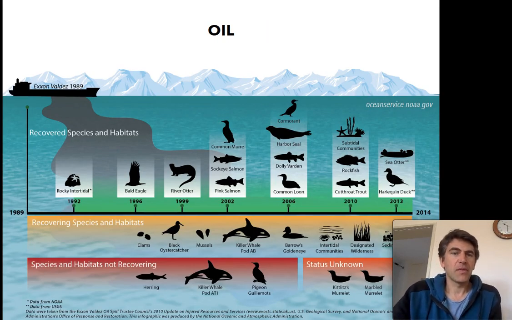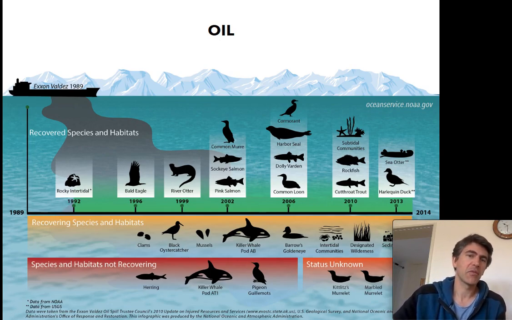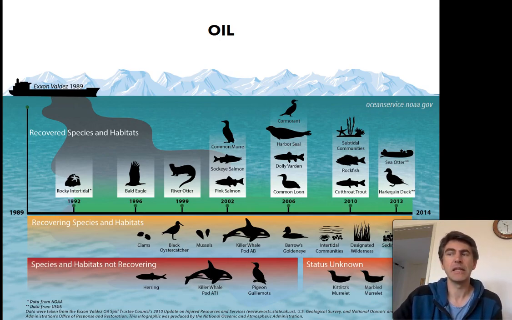Let's start with a classic example of an oil spill, just to get a sense for the huge flow-on effects that an oil spill can have. So in 1989, the Exxon Valdez basically had a major oil spill with something like 41 million liters of oil leaking out in Alaska when this accident happened.